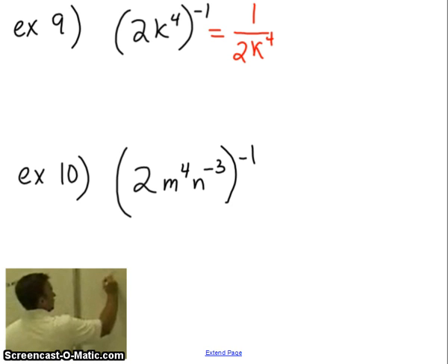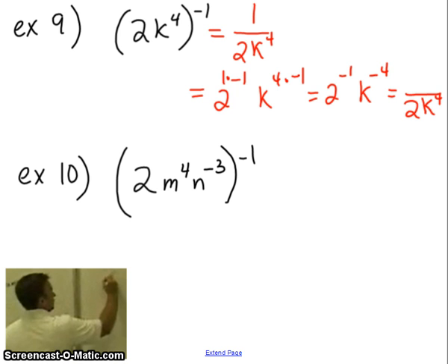If you did it out, we would get 2 to the negative first, or 1 times negative 1, and k to the fourth times negative 1, which is 2 to the negative 1, k to the negative 4. We have to put those in the denominator and make the exponent positive. And since we put both of them in the denominator, what's left in the numerator is just 1.